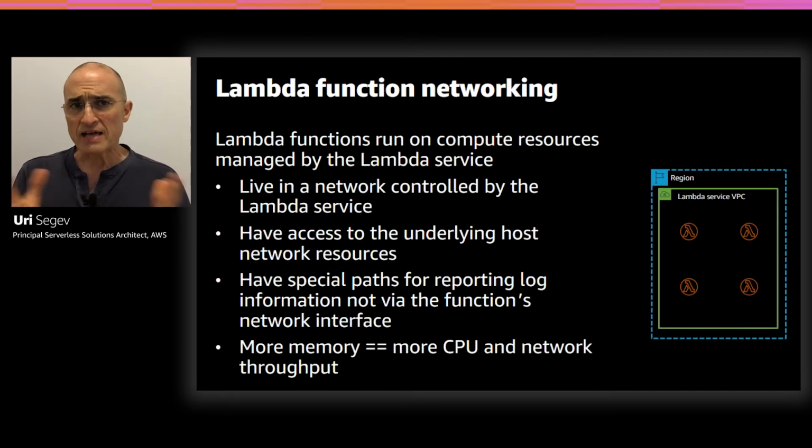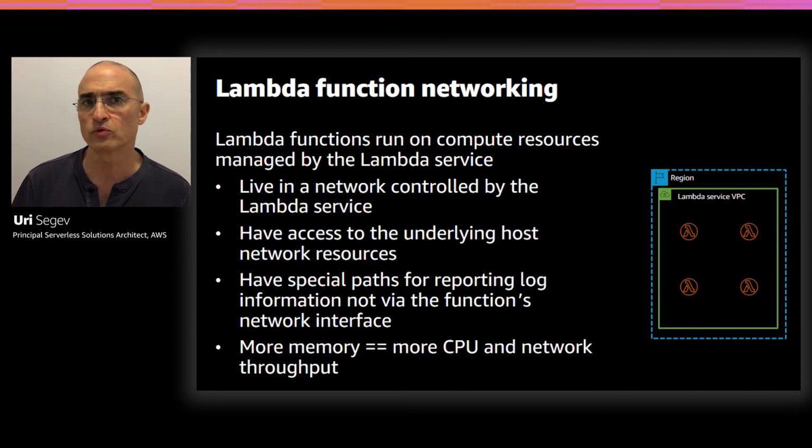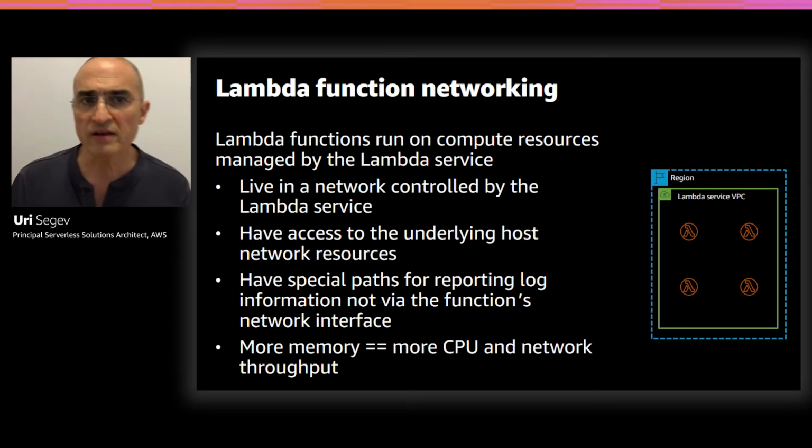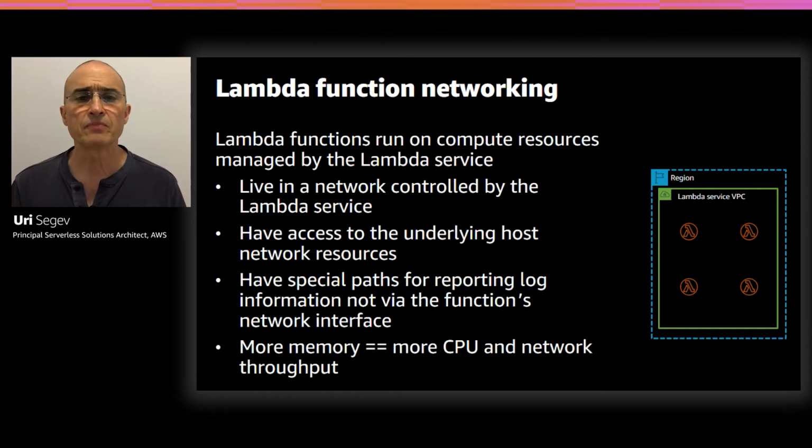As Lambda functions are serverless, it means that you do not need to provision any compute resources. The Lambda service takes care of that for you. And all those Lambda functions run on compute resources inside the Lambda service VPC. They run on micro VMs. They have access to the network.